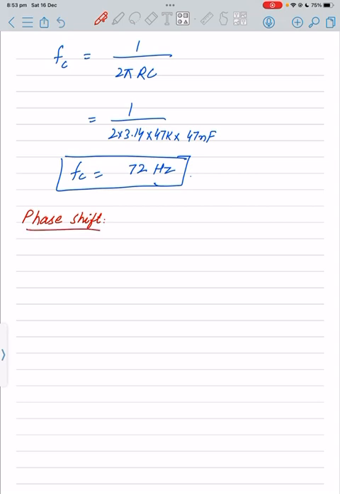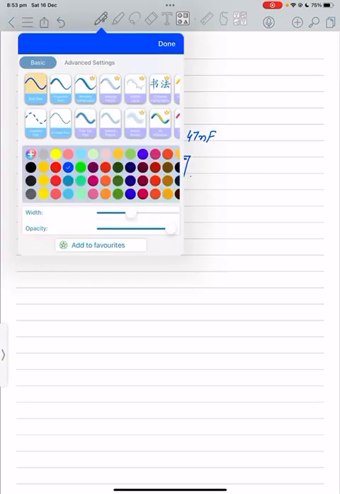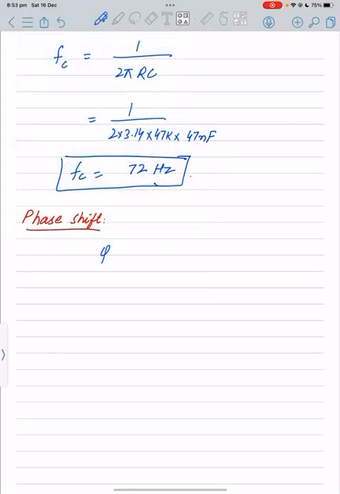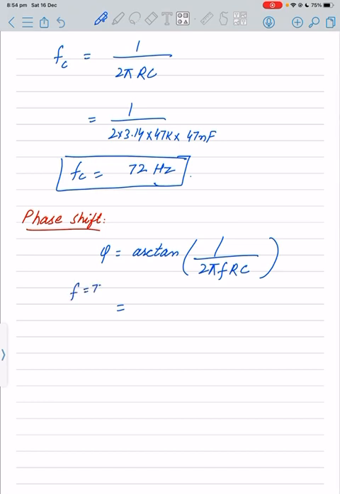The formula for the phase shift is phi equal to arc tangent of 1 divided by 2 pi f into R into C. Let's suppose we are concerned about the phase shift at the corner frequency, so let's say f is equal to 72 hertz.